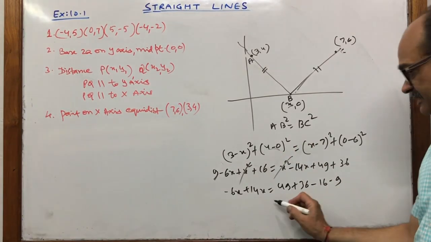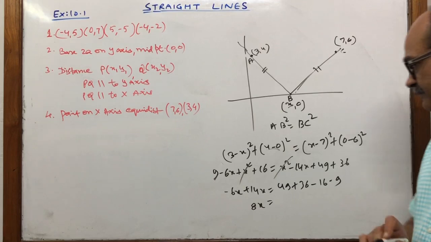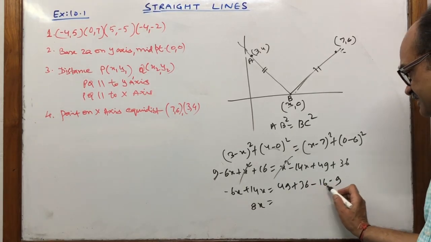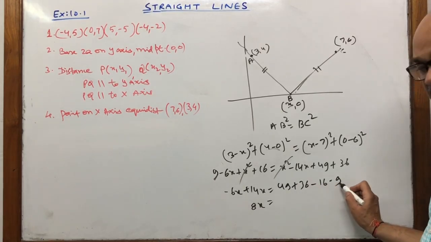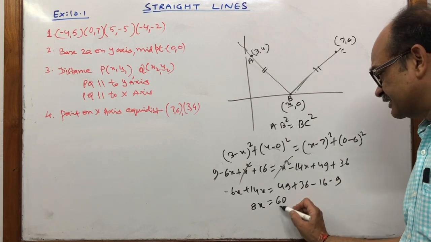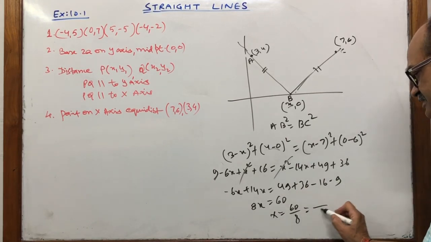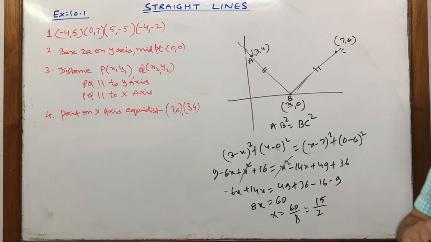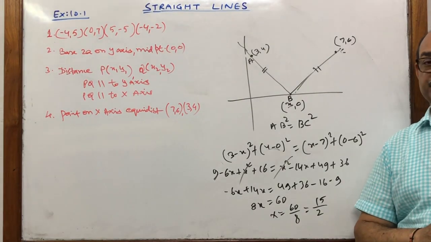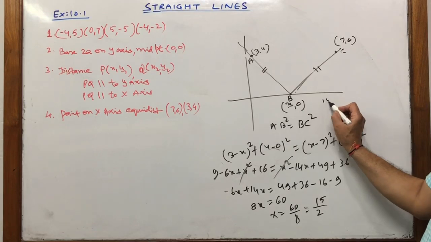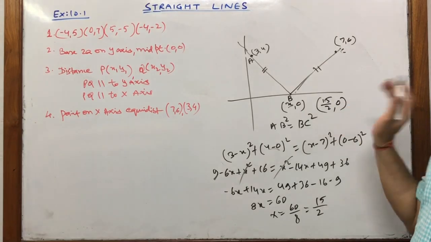Correct? So this is nothing but 8x and this one is 49 and 36 is 85, minus 16 is 69, 69 minus 9 is 60. So x equals 60 by 8, cancel out with 4. x is 15 by 2. So the required coordinate is 15 by 2 comma 0.